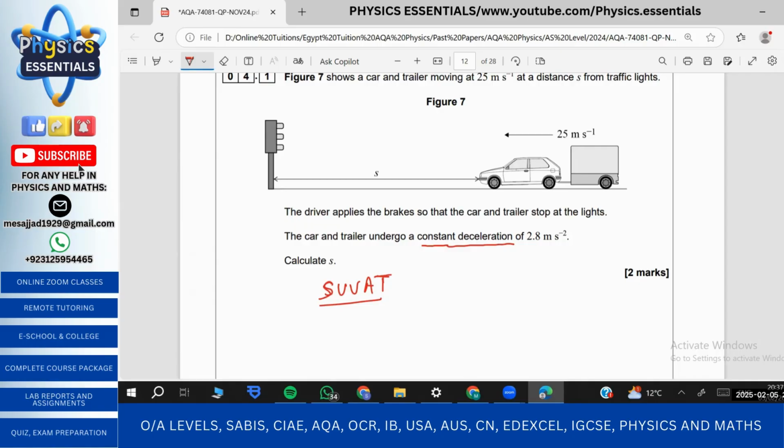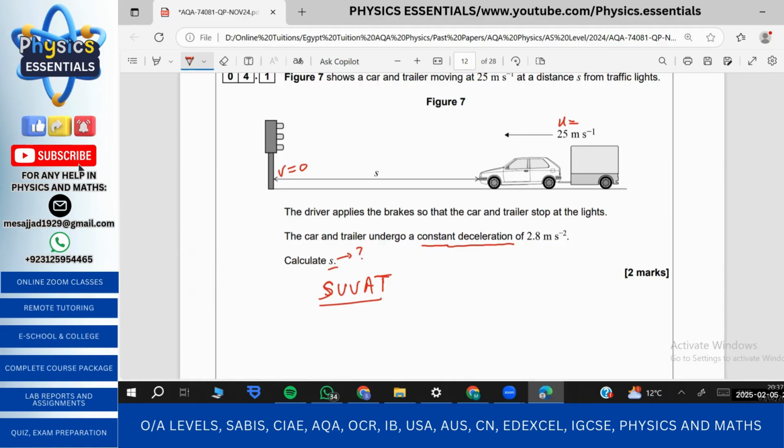When you reach the signal, of course, your speed will be 0, right? So your final speed is 0, initial speed is u. I want to know the distance s. So for that, I have initial speed, final speed, and I want to calculate the distance.